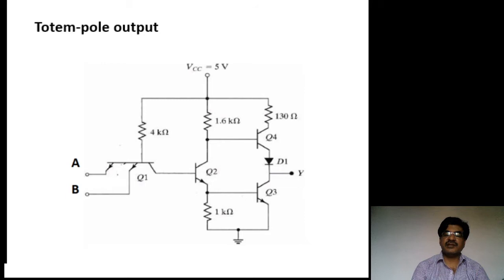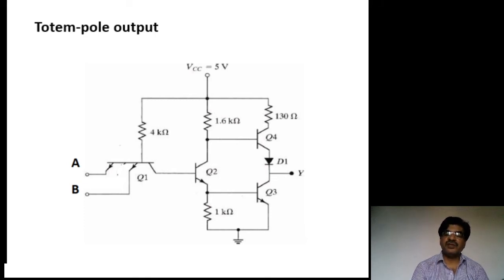Q3 on means Q2 is also on, in the saturation region. So the VB voltage is 0.6 volts plus the VCE voltage 0.2 volts. So totally at the base of transistor Q4, the voltage from that point to ground is 0.2 plus 0.6, 0.8 volts. But that 0.8 volts is not enough to switch on transistor Q4. The minimum we require is 1.2 volts. Now that voltage is less than that, hence the Q4 transistor is in the off state.